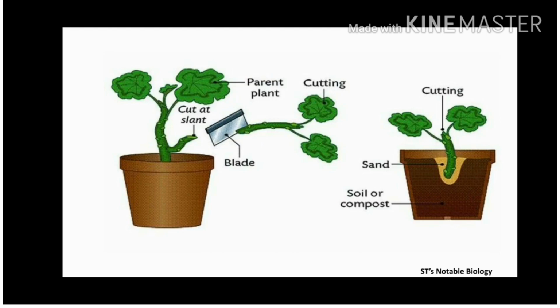Another very common example: if you cut a twig from a plant and pot it in a new pot, this cut section will grow into a new plant. This is also an example of asexual reproduction.